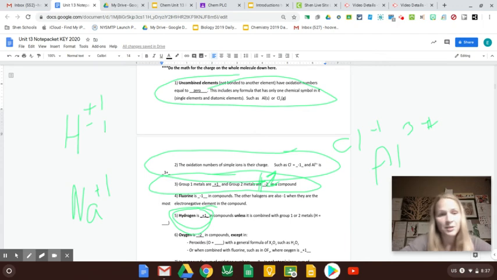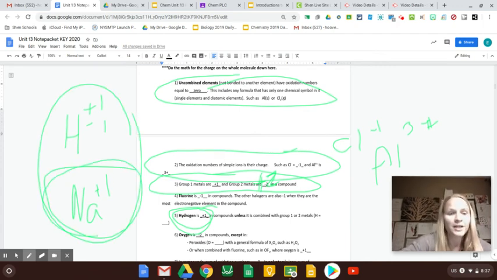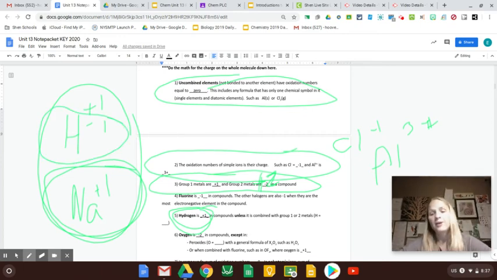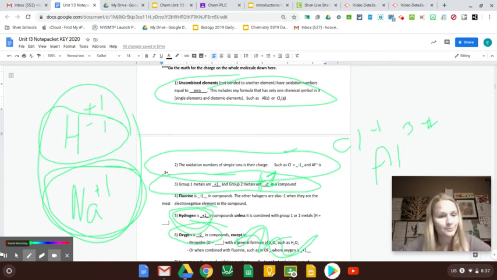So if you bond these two together, then H is like, all right, if you can only be +1 Na, then I'll be -1 this time. But other than that, you're going to use H as +1 so much that you'll have it memorized. Oxygen being -2, you'll use it so much you'll have it memorized. There is an exception, but I don't think people even learn that during the school year, let alone from home.